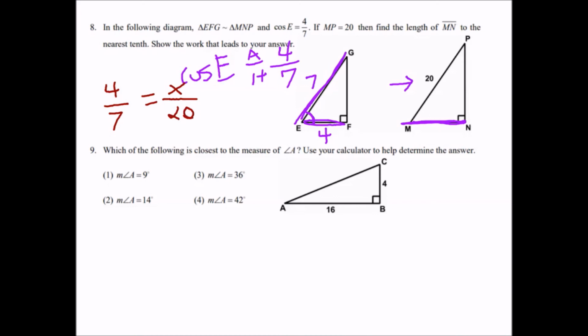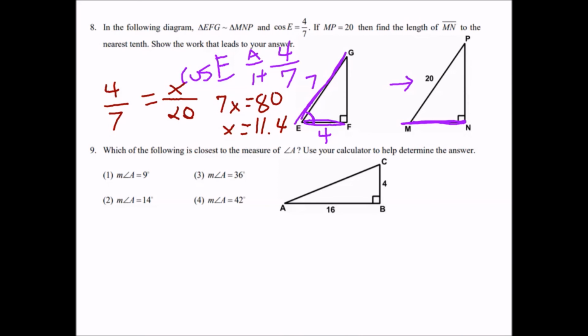If we cross multiply, we get 7 times X is equal to 80. It says round to the nearest tenth, and 80 divided by 7 is 11.4. And that's the answer.